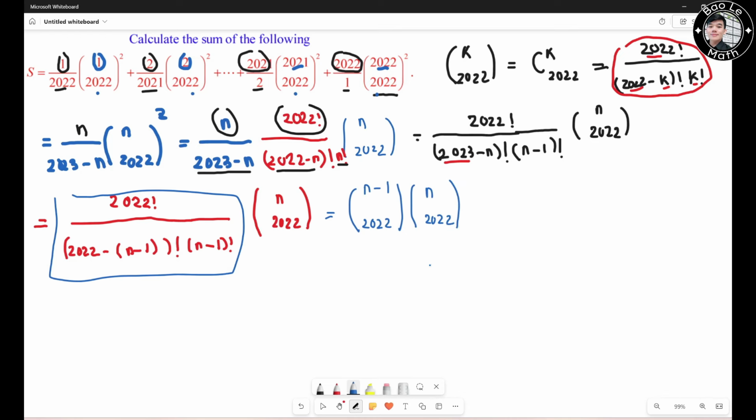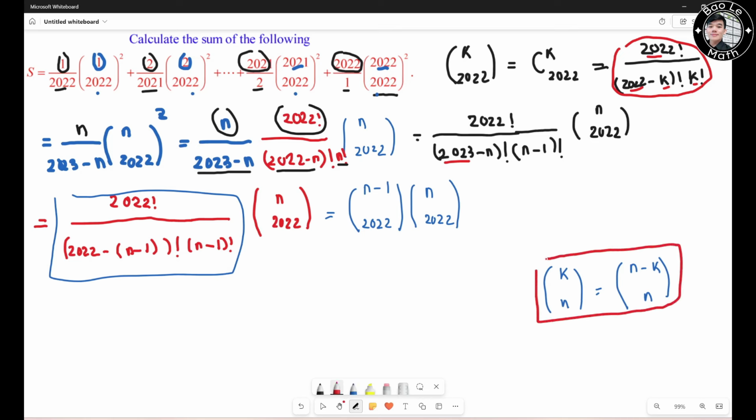Now we have the formula: the combination of k, n equals the combination of n minus k, n. This is very easy to prove, so I just leave it for you to prove.